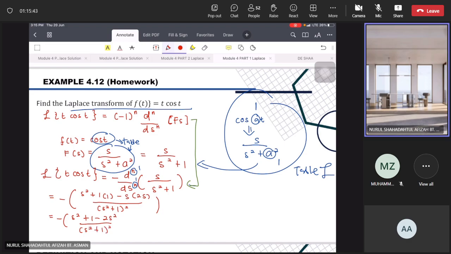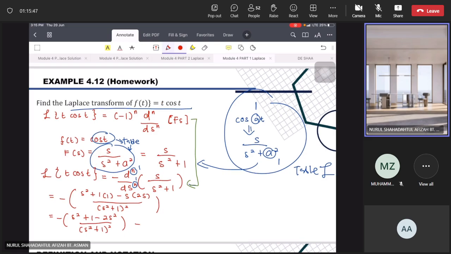Plus 1 square. And just calculate, the answer equals negative. Okay.